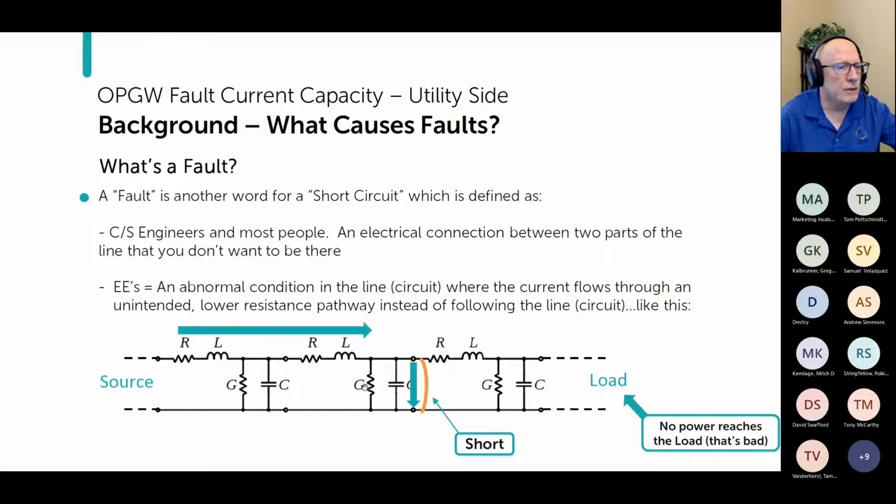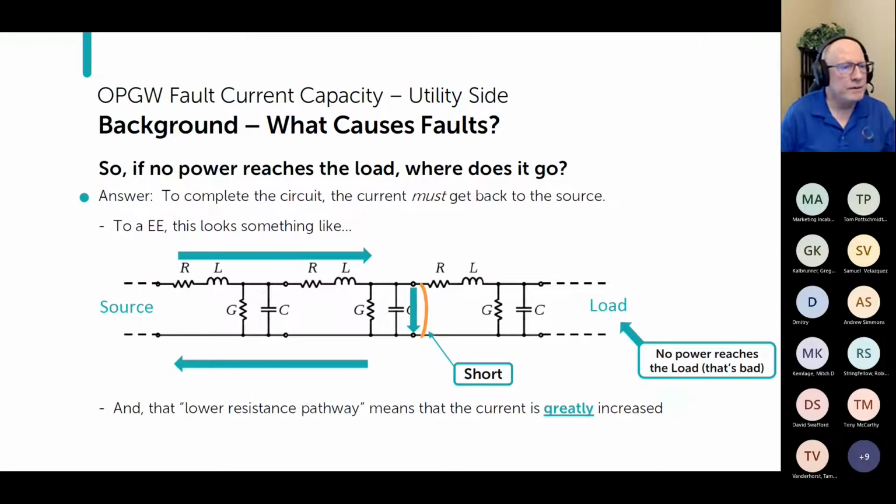We've still got our source and we've got our load, but we have this short or fault somewhere in between. It's a lower resistance pathway, so the current tends to bypass all of this other resistance and inductance and capacitance and whatnot. It bypasses that and goes from here to here. And as a consequence, the power doesn't get to our load, and that's bad.